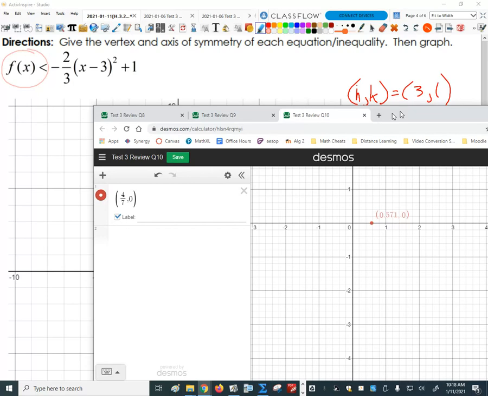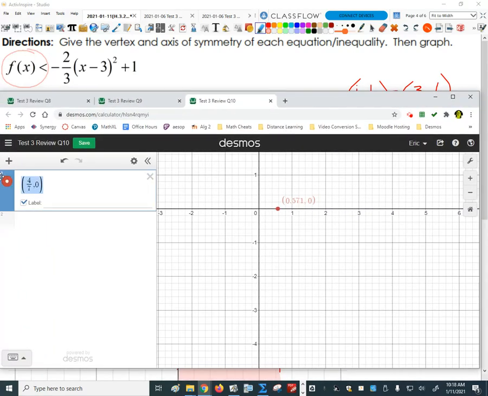Okay, so if I graph f of x is less than 2/3. Oh, it won't.